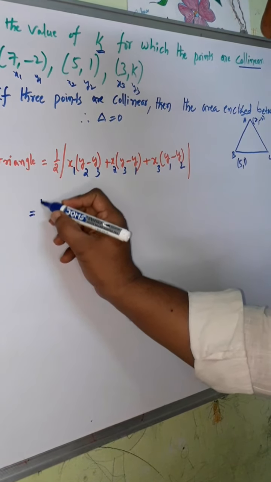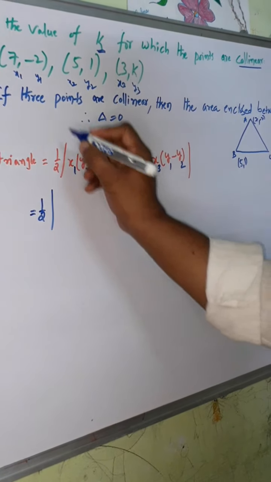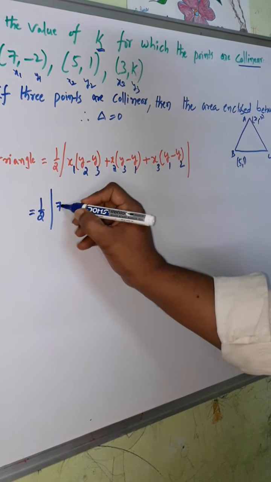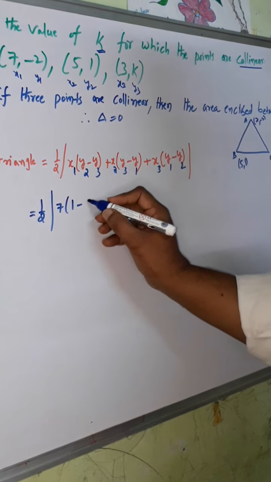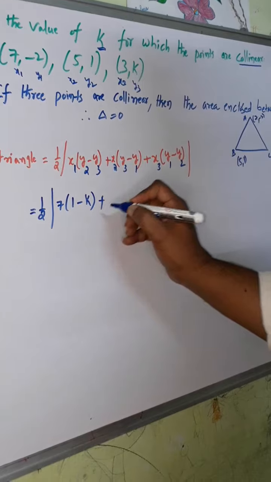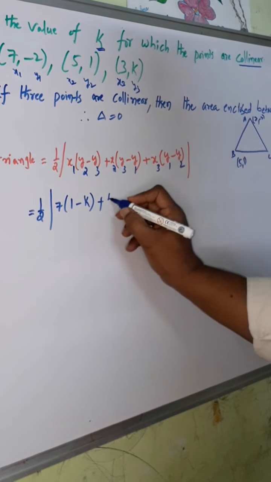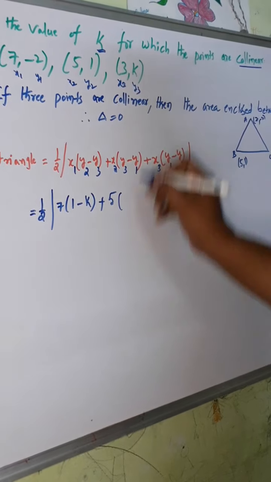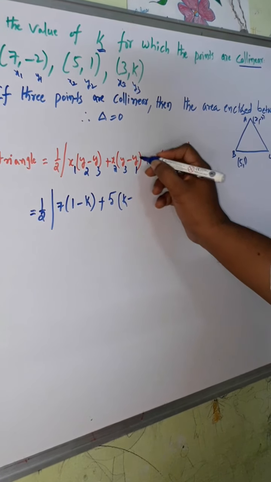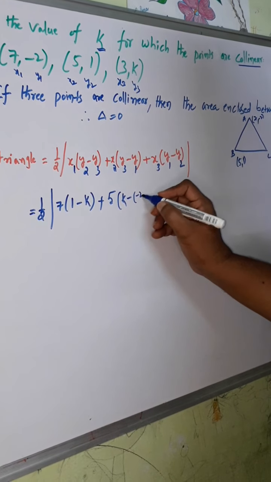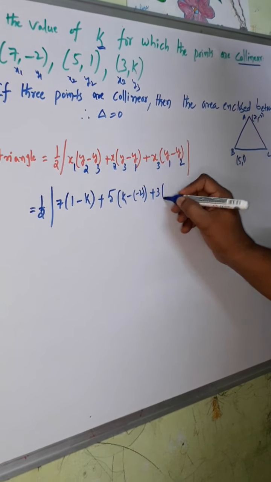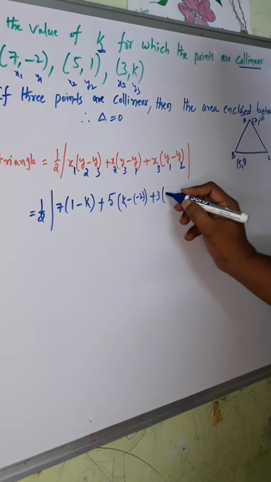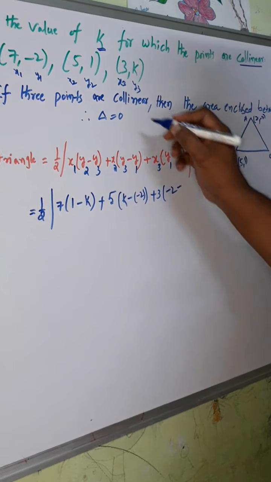Half mod, x1 is 7, y2 is 1 minus y3 k, plus x2 5, y3 k minus y1 minus 2, plus x3 3, y1 minus 2, y2 minus 1.